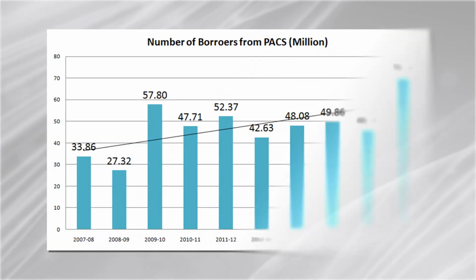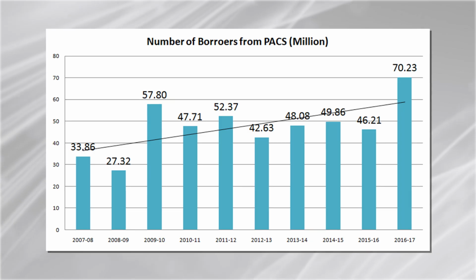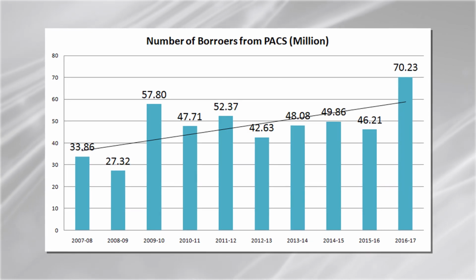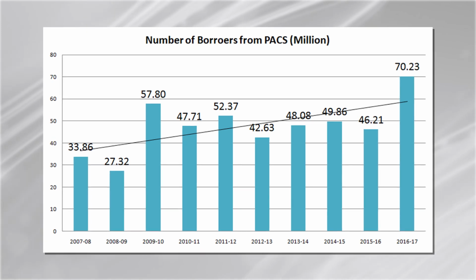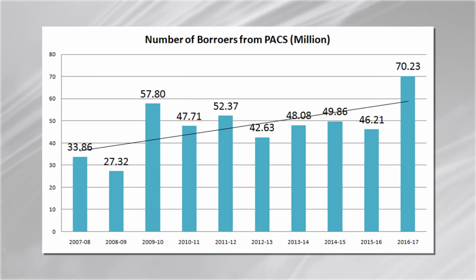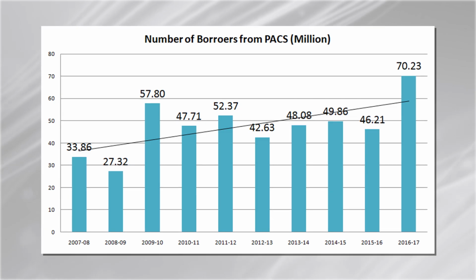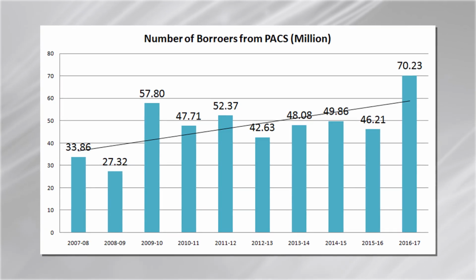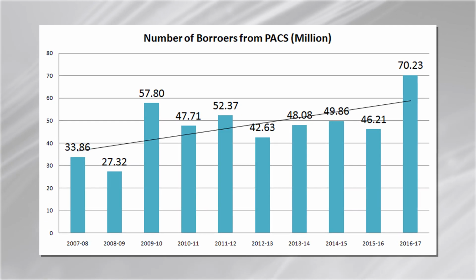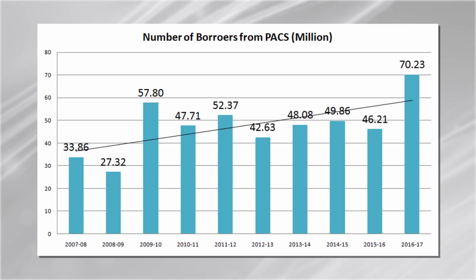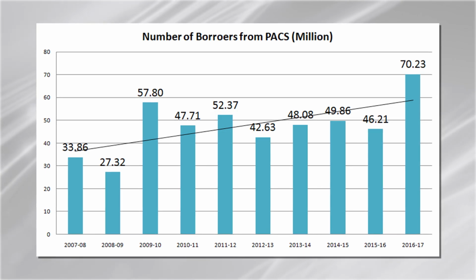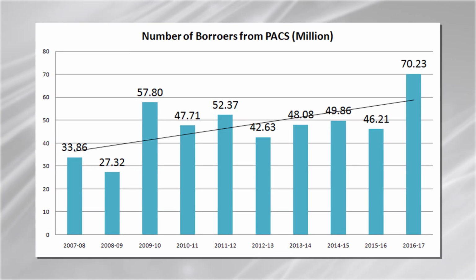Here you can see the number of borrowers from the primary agriculture credit cooperative societies. So a very good trend is there. In the year 2007-8 there were 33.86 million members of the society that took loans from the PACS, and now this number has reached 70.23 million in the year 2016-17.